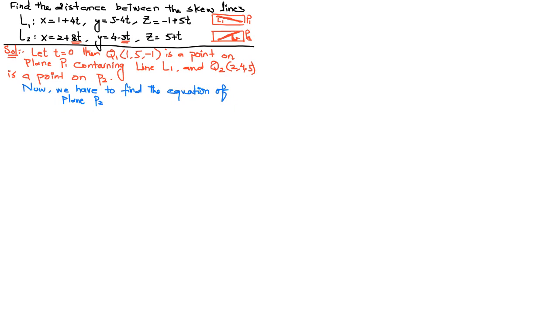We need vectors. u1 is a vector equal to 4, minus 4 and 5. This is parallel to line 1, so it's parallel to P1 and P2.